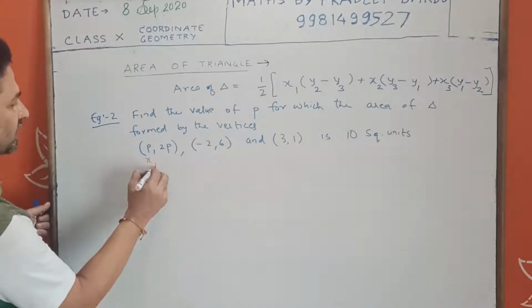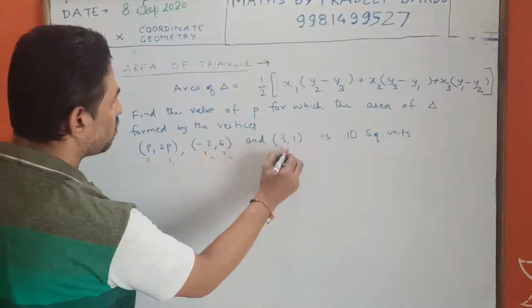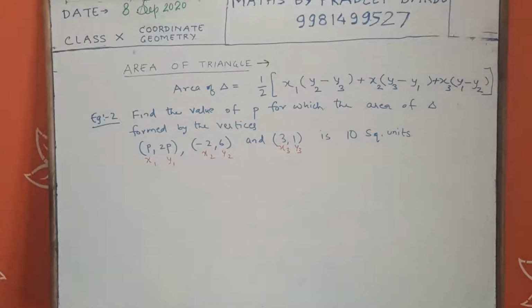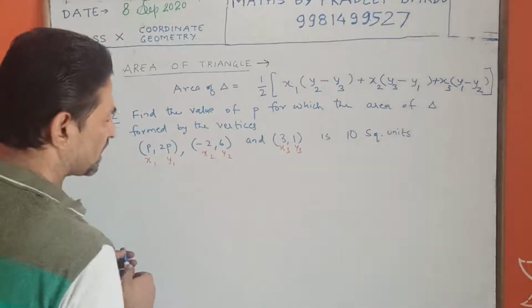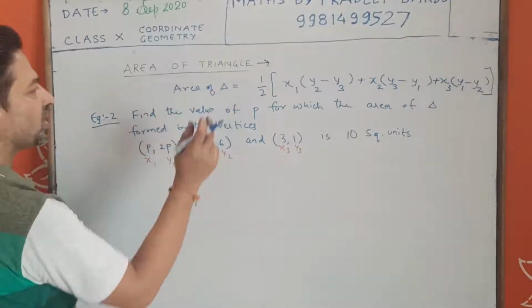So this is your x1, y1, x2, y2, x3, y3. Children, if you mention it this way, it becomes easier to place the values and there are no mistakes. So here we have area of triangle equal to 10.